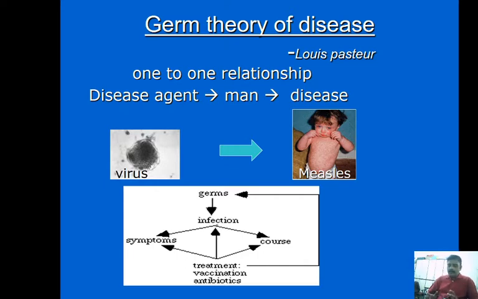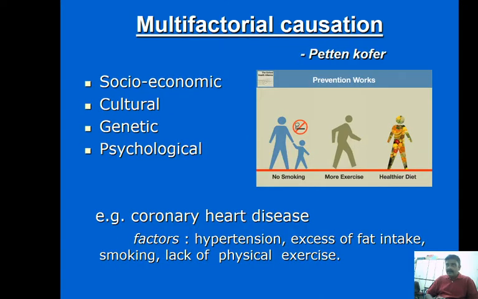So this whole cycle of one-to-one relationship is what germ theory by Louis Pasteur follows, the most valid concept of disease according to the scientific understanding. There is also multifactorial causation.